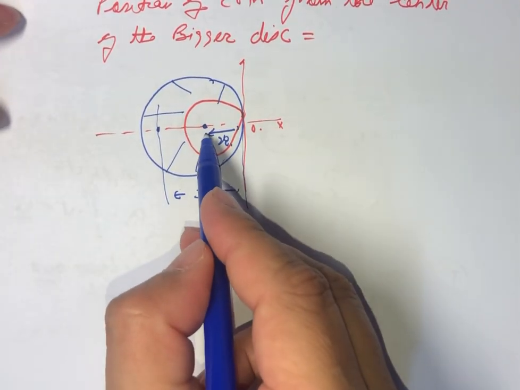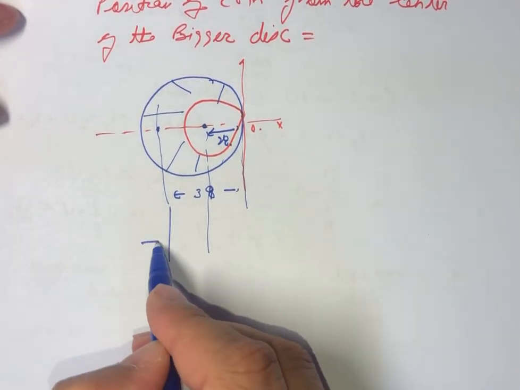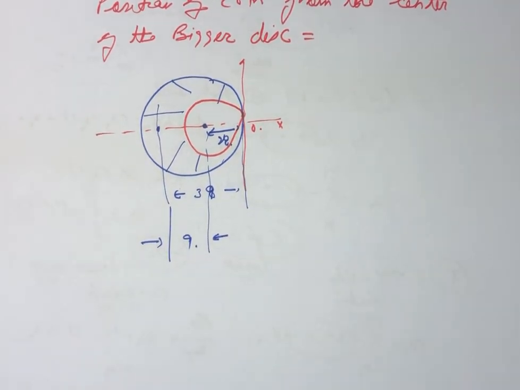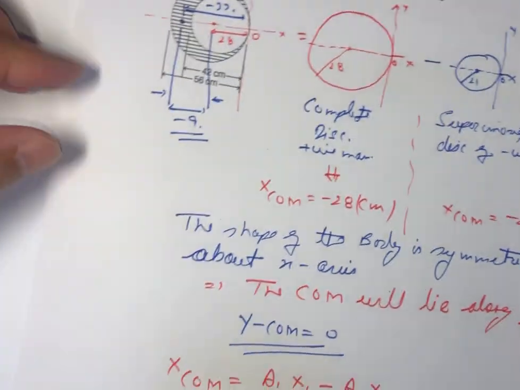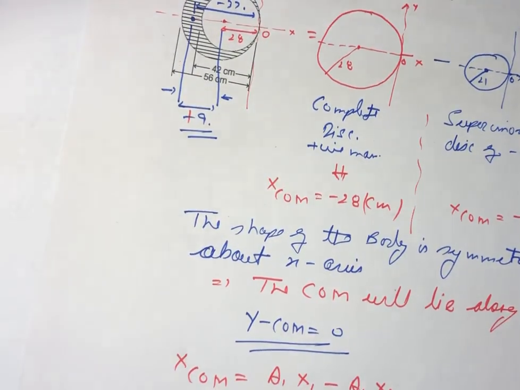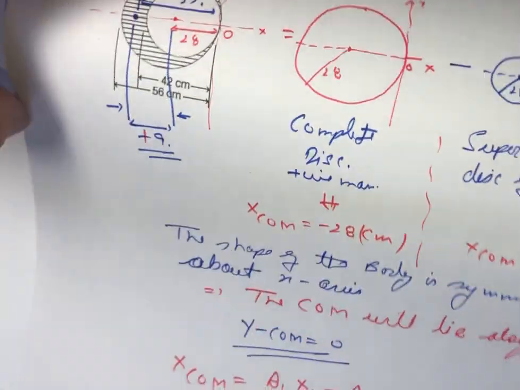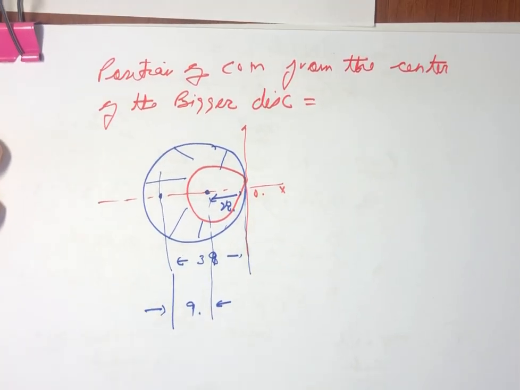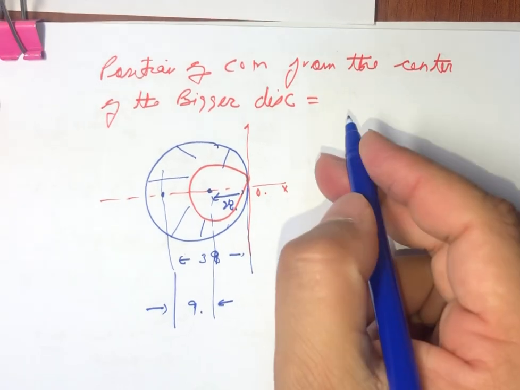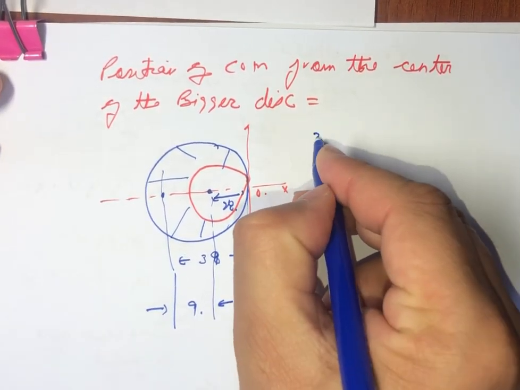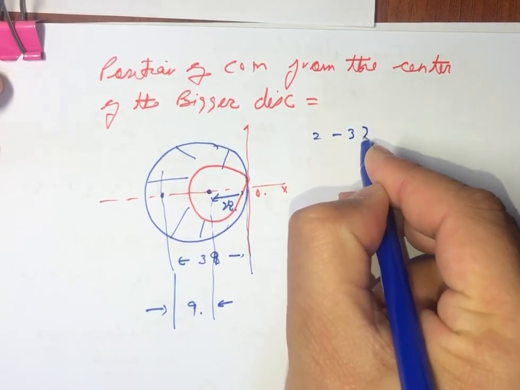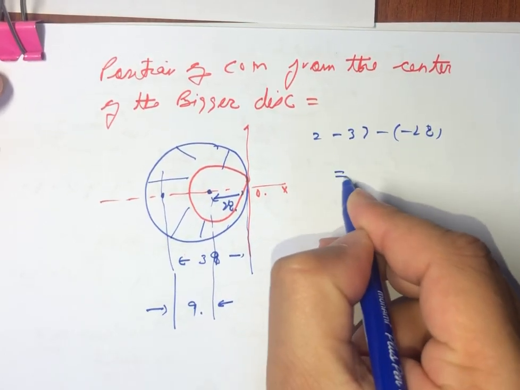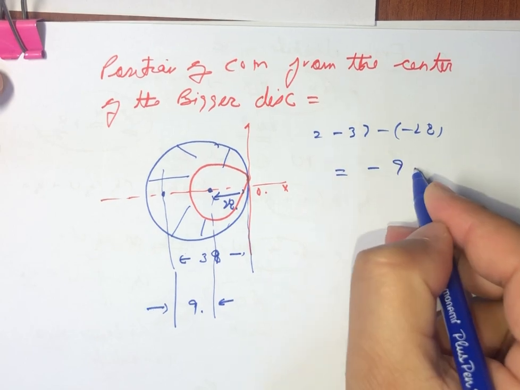Therefore, we can calculate this distance, which will be coming as 9. Okay, so it will be 9, not minus of 9. It is lying on the opposite axis, so it will be automatically minus of 9. Therefore, we can write this will be equal to minus of 37 and minus of minus 28. So we get this as minus of 9 centimeter.